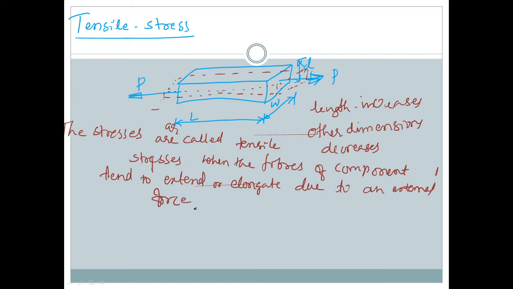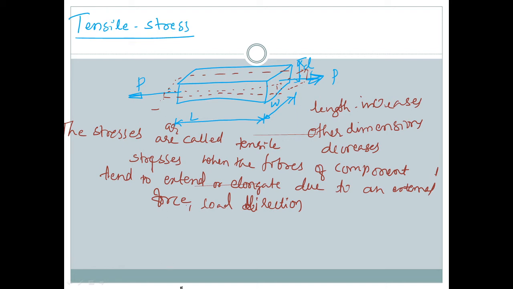In which direction do the fibers tend to elongate or extend? In the load direction. So you can say that when the fibers of a component tend to extend or elongate due to external force in the load direction, the stress induced is tensile stress.